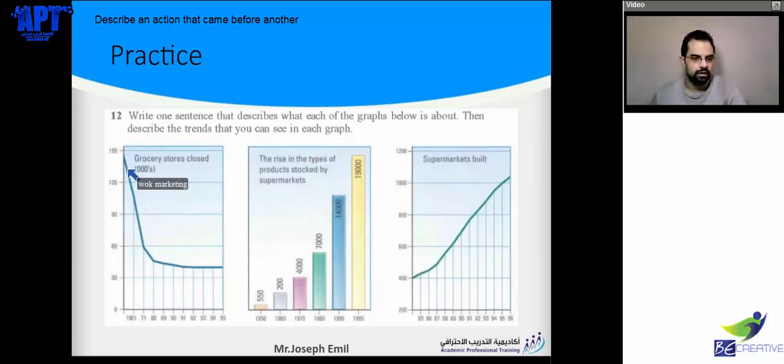The number of grocery stores closed, in thousands, has dropped dramatically from 1950 until so, and then they reach a plateau.